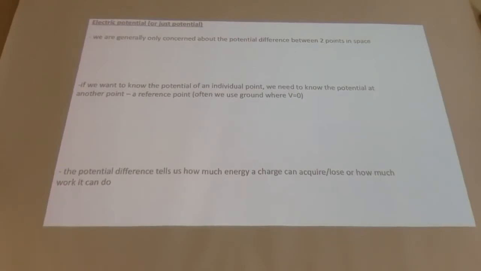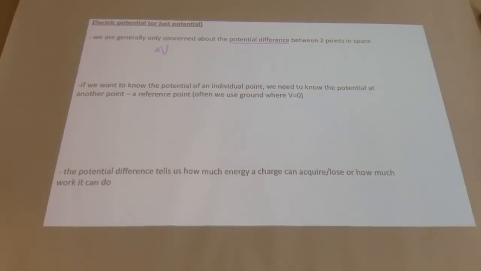First of all, typically when we're doing problems with potential, we want to focus on a difference in potential between two different points. So I could write that something like this.